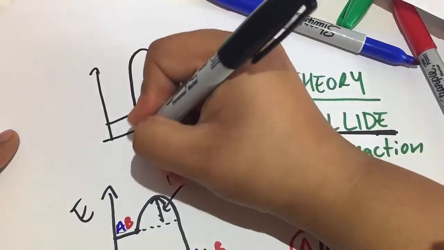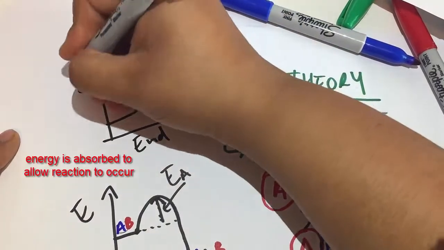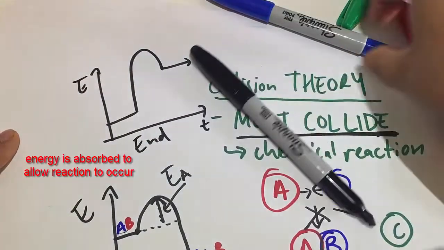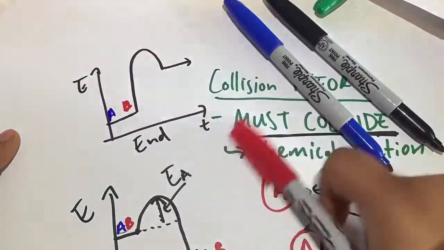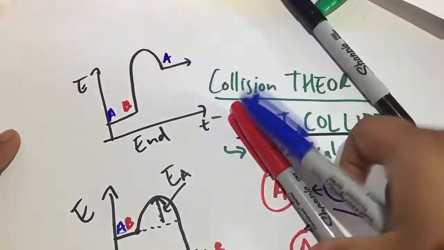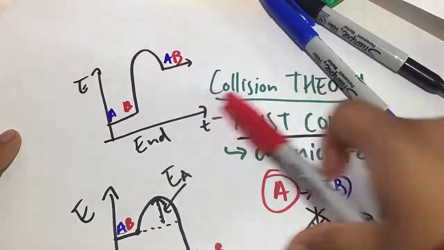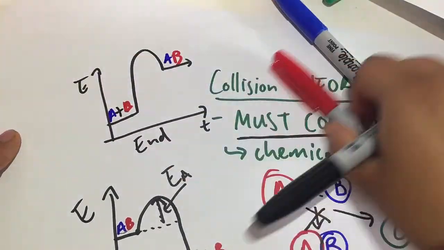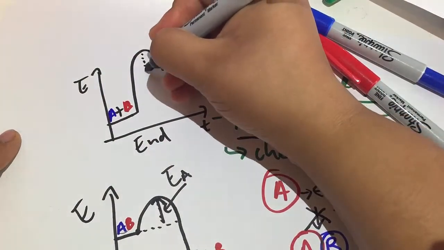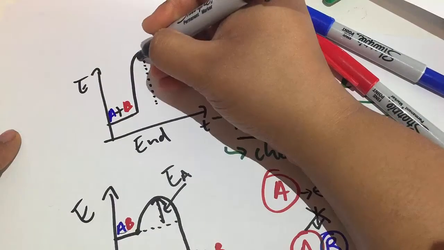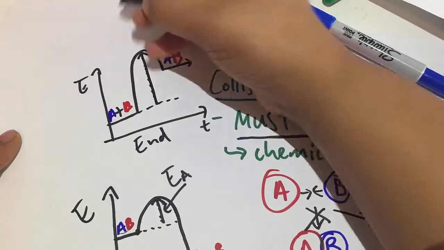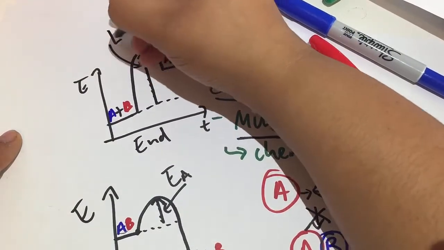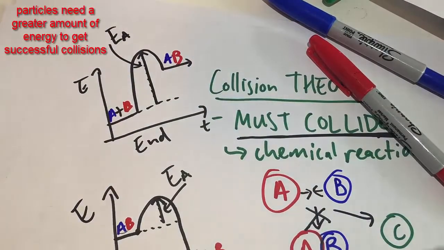And so this is an example of an endothermic reaction, so still energy over time, but it might be that this one is A plus B making AB. And this time, our activation energy is much greater because we need to gain a much larger amount of energy in order to allow that chemical reaction to occur.